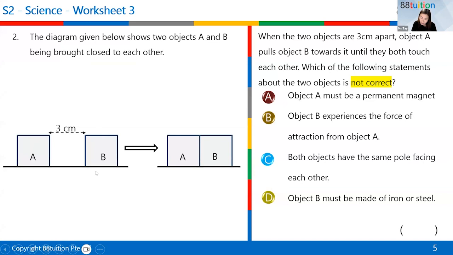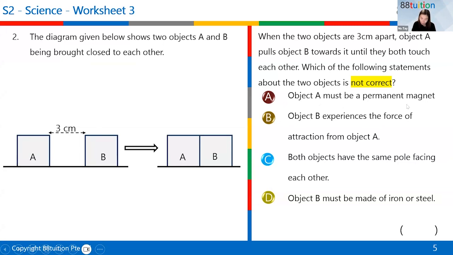Which of the following statements about the two objects is not correct? A pulls object B. Since A can pull object B, A supposedly should be a magnet, a strong magnet. So object A must be a permanent magnet.